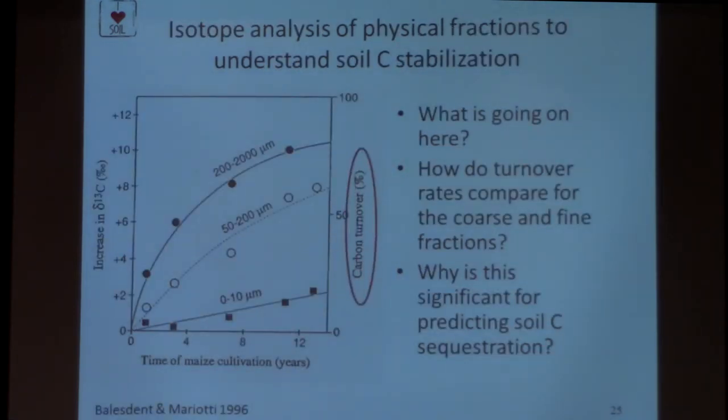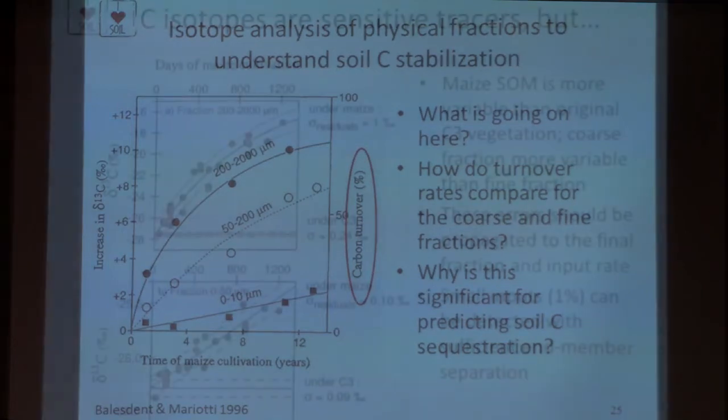Okay, good. And so obviously this is important for predicting soil carbon sequestration because we can understand a little bit more about the fine fraction being the location of the older, more stable or more protected soil carbon, and the particulate fraction turning over faster. Okay, good.